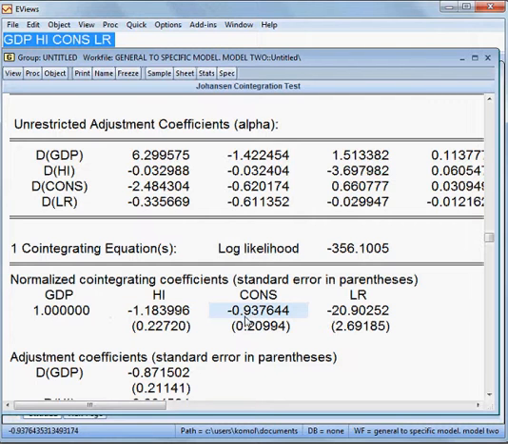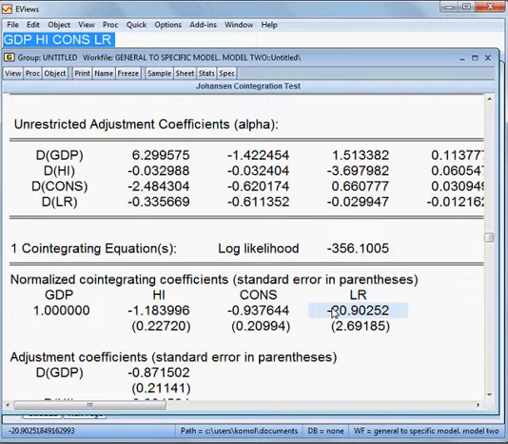These two are not desirable because of the negative sign, but this one is desirable because it should be a negative sign. So we are only happy about LR.